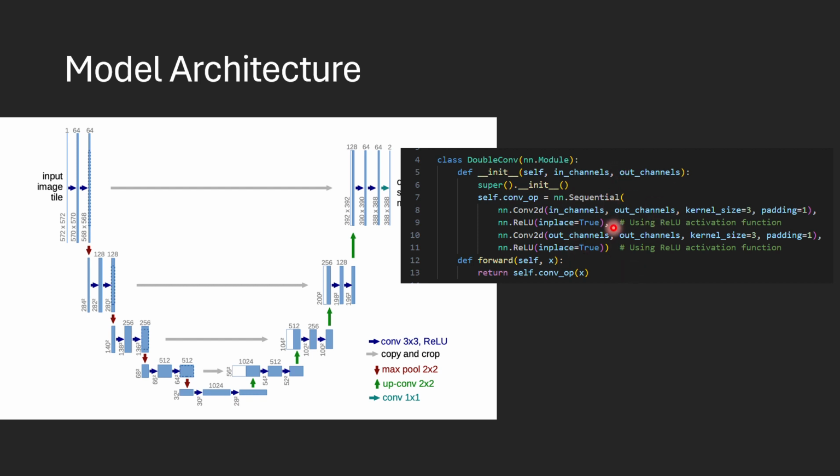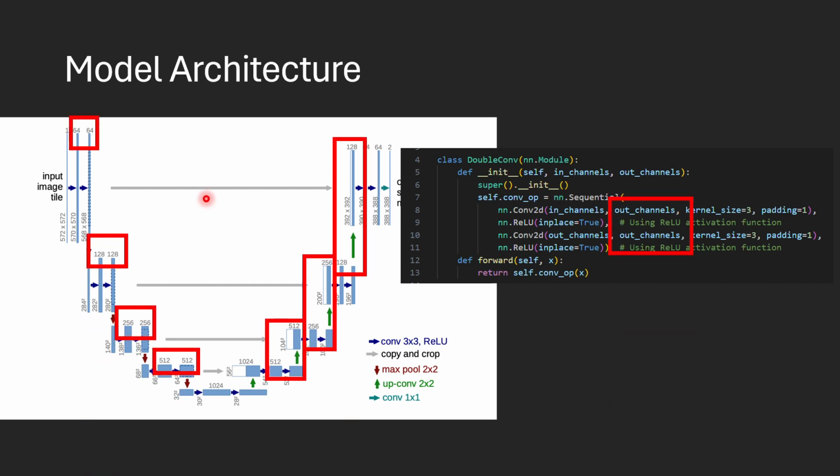Now let's take a look at what exactly are the channels and what is the shape, how am I handling all these shapes. If you see here, every time I do a double convolution operation, my number of output channels remain exactly the same. 64 twice, 128 twice, 256 twice, 512 twice.